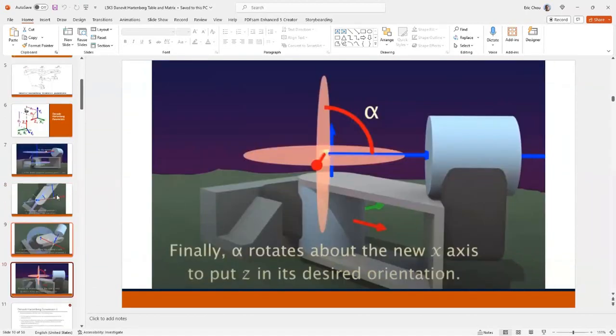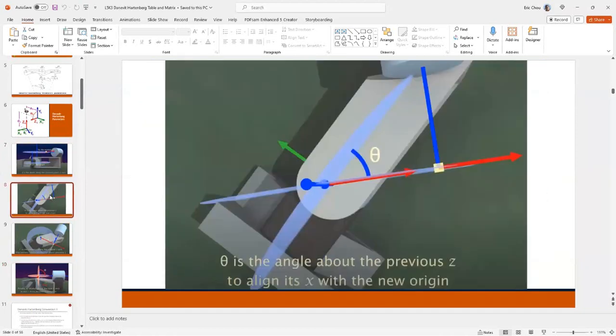So let's look at theta. Theta is easy. Theta means how much angle you rotate. So it's the angle about the previous Z direction.